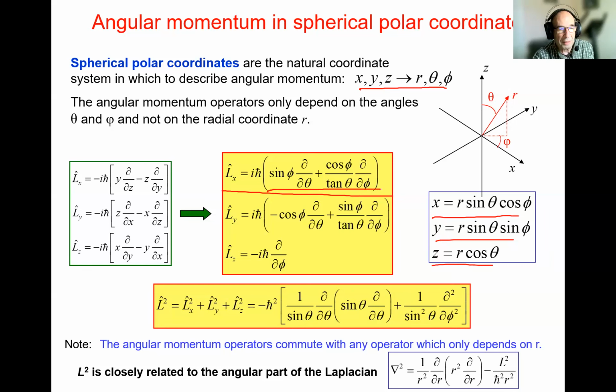The operators are derivatives. So when we construct our equation, which we postulated in postulate number 3, with an operator acting on the wave function giving an eigenvalue and eigenfunction, we basically construct a differential equation.